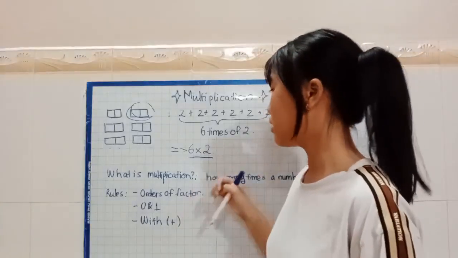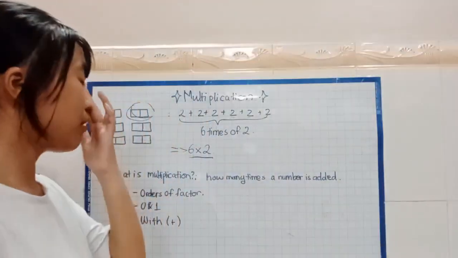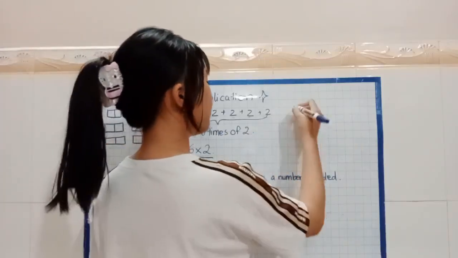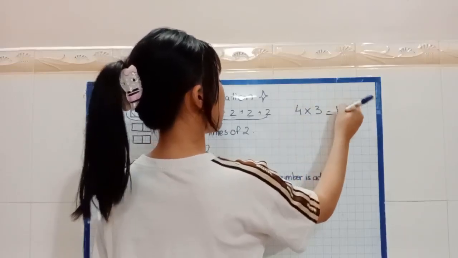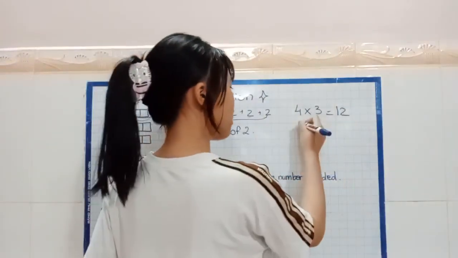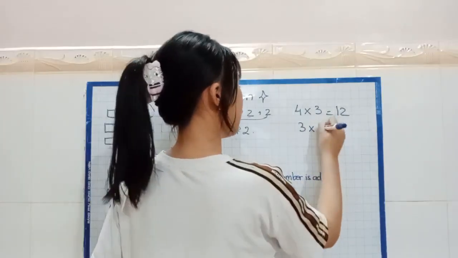First is the order of factors. Well, now let's have some examples. So look over here, okay? We could have math like 4 times 3 equals 12. So now, what if we switch the order of it into 3 times 4?